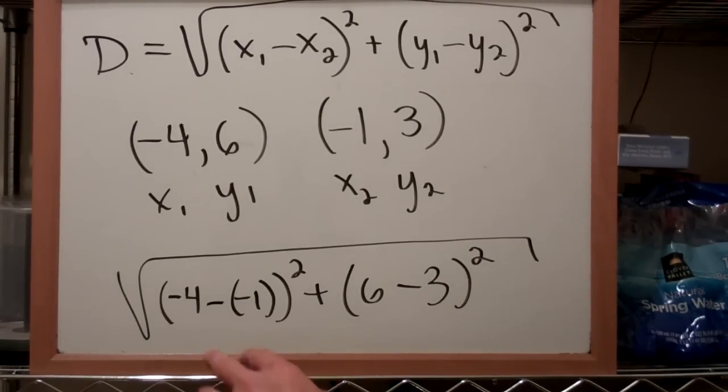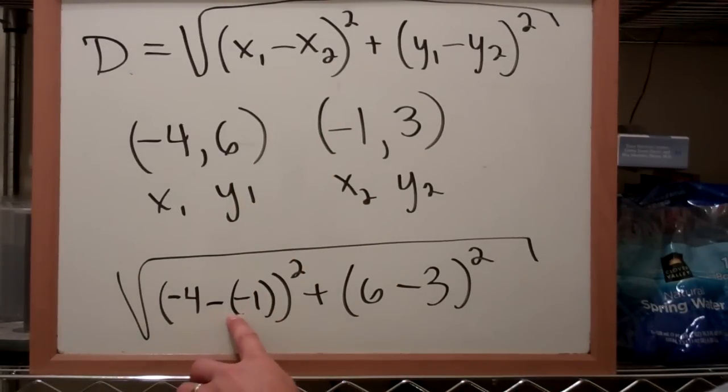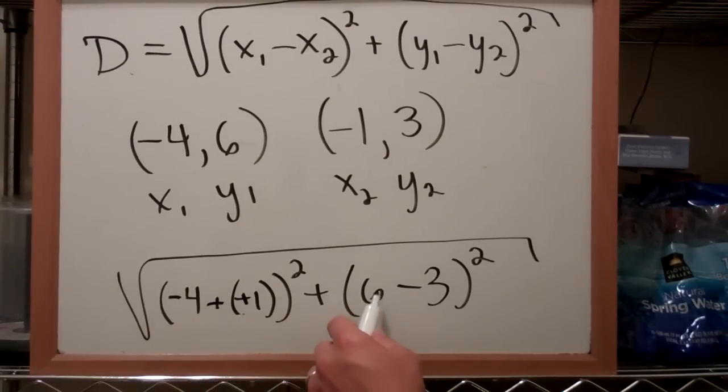And here we see that we're subtracting a negative number, and this is where a lot of students get tripped up, is they want to just subtract 1 here. But it's not just 1, it's subtracting a -1, so we need to write it as such. And what's going to happen here is we're really adding a positive 1. So it's going to be -4 plus 1, which is -3, and then 6 minus 3, which is 3.